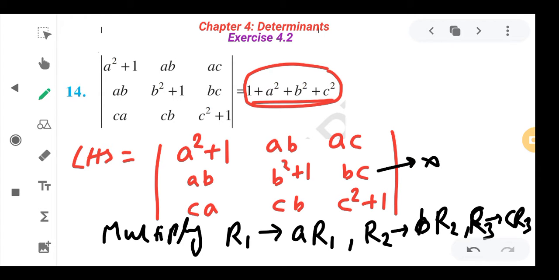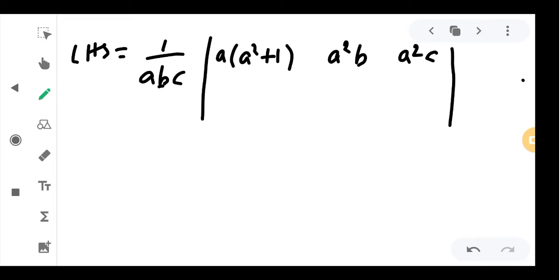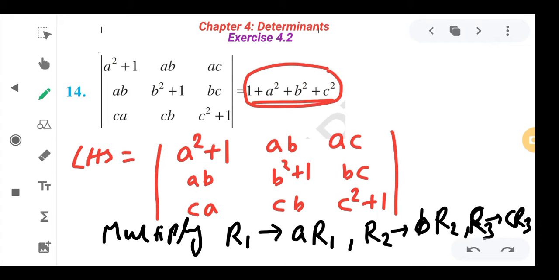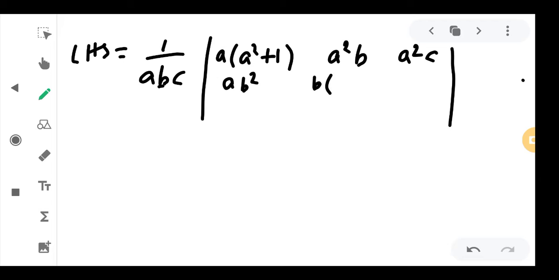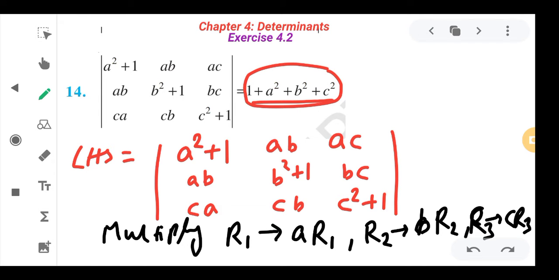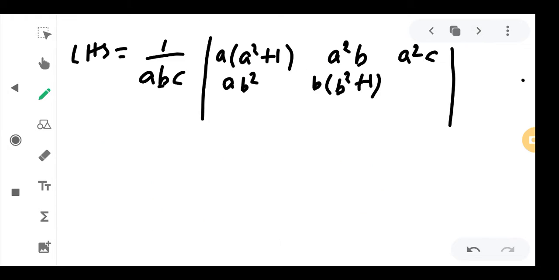Then this will be ab square, and this will be b square c and b into b square plus 1. Okay, and then b into bc means b square c, correct?